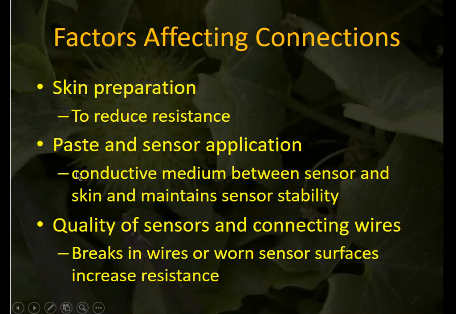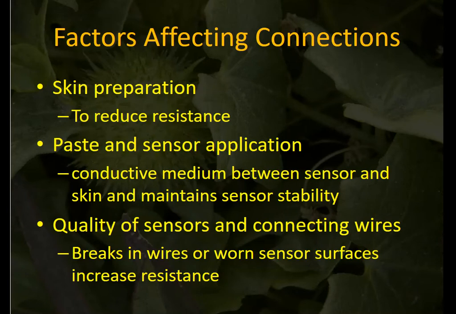It's the high chloride content of the conductive medium, the sensor paste, that allows for this mineral ion current flow to occur between the scalp surface and the sensor. It also helps maintain the sensor stability because the paste is fairly dense and sticky, and it provides a substance that the sensor can be embedded within, so that it maintains that contact between the sensor and the skin.